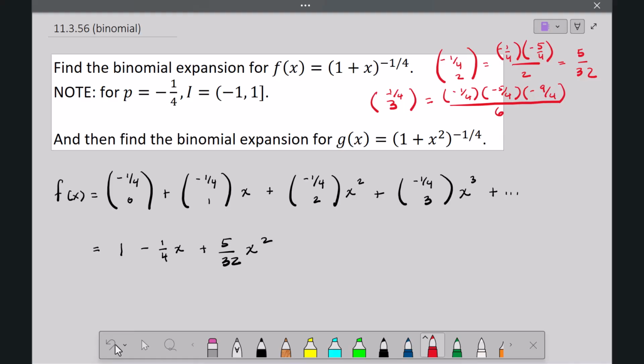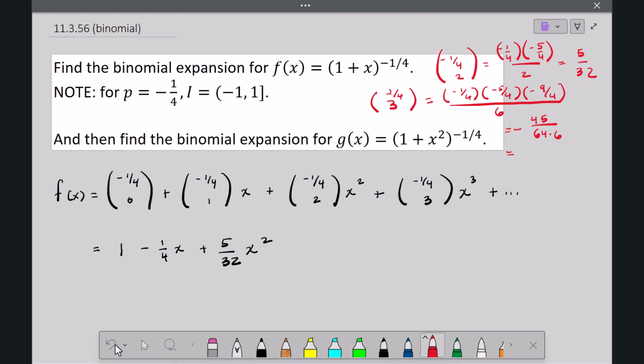So that is going to be a negative number. We are going to have 45 in the numerator divided by 4 times 4 times 4, which is 64, multiplied by 6.